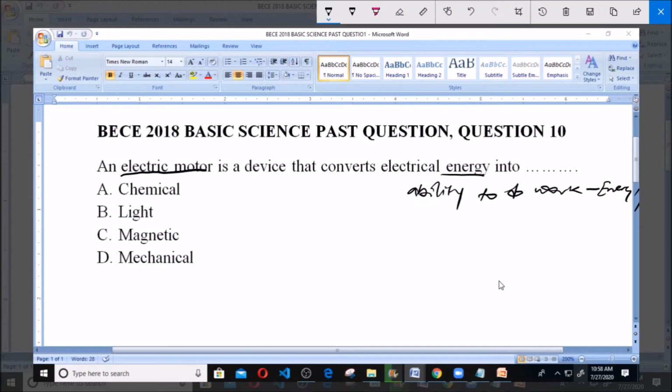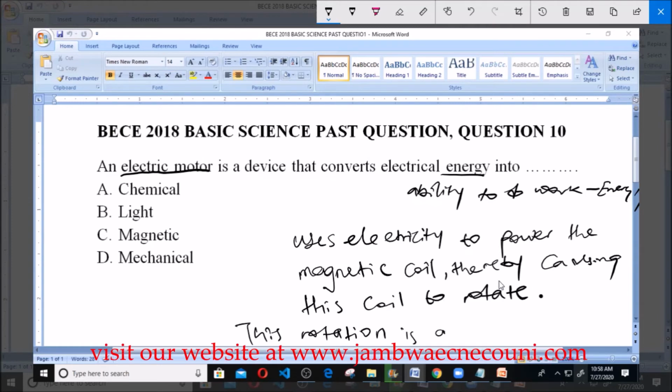It causes the coil to rotate. Now this rotation is a form of energy.